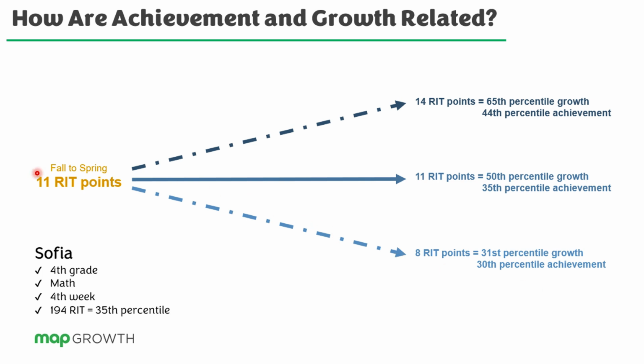She's projected to grow 11 RIT points from fall to spring, based on how other students grew in that norming group. If Sophia meets the growth projection by those 11 points, she will observe growth at the 50th percentile.